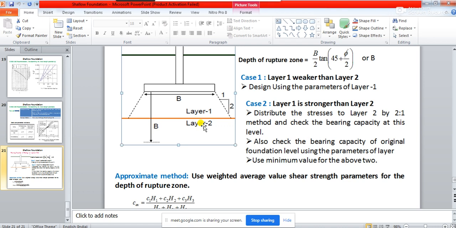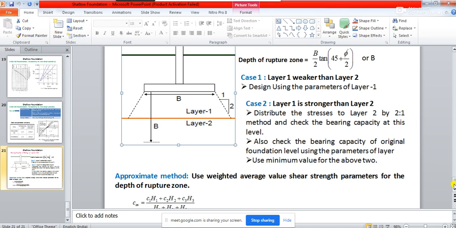In the example I have taken, you should be considering the value of phi as 30 degree. Once you have phi equal to 30 degree, whatever method of bearing capacity calculation is there, you apply that and find it out.